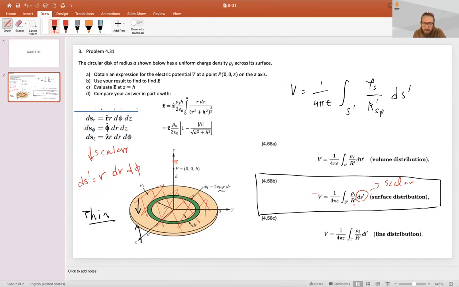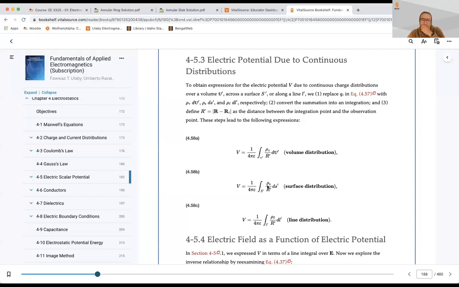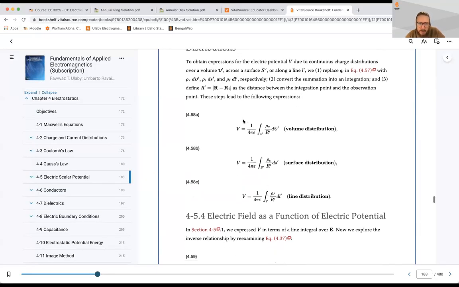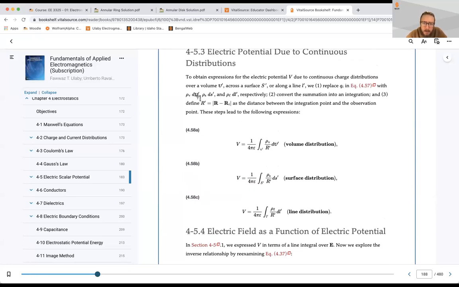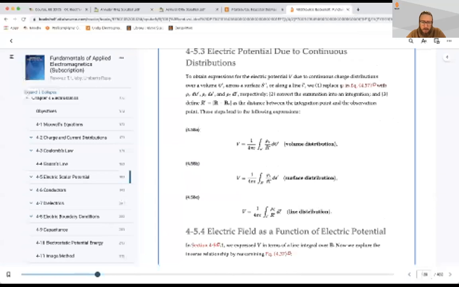Now what about this r? In the textbook, the r is defined as the distance, the r prime is a magnitude between the integration point and the observation point.